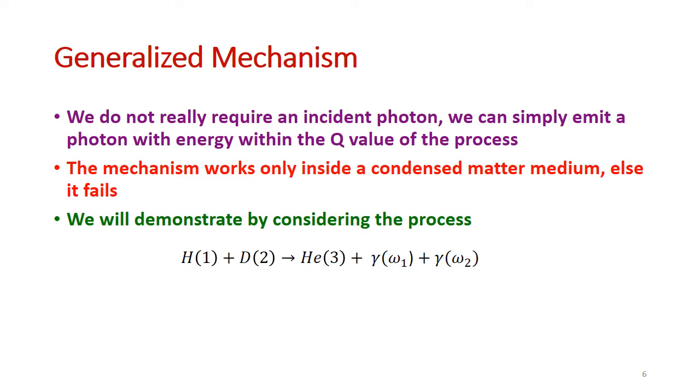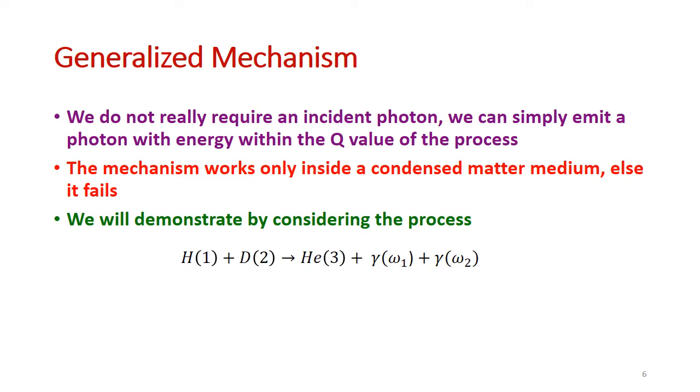Q value is basically the maximum energy that can be released in this particular reaction. And as we'll see, we have now realized that the mechanism works only inside a condensed matter medium, else it fails. This is very much consistent with what the experimentalists have been claiming.